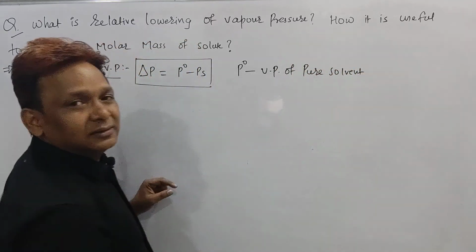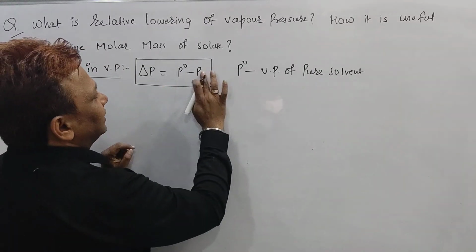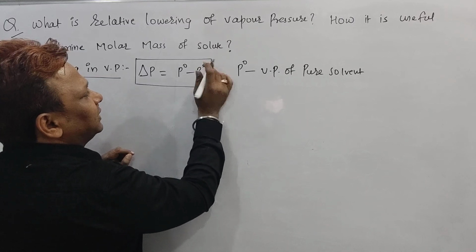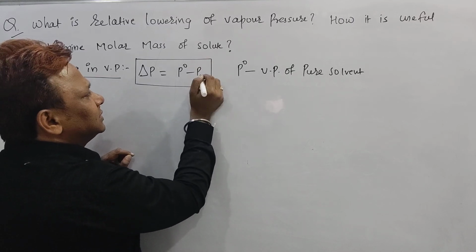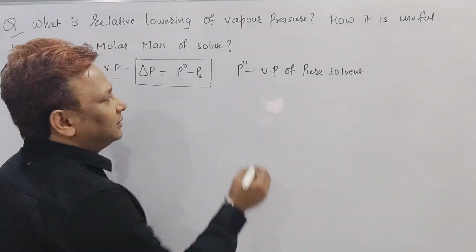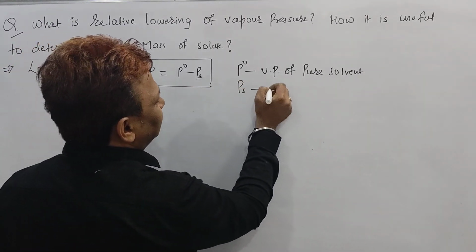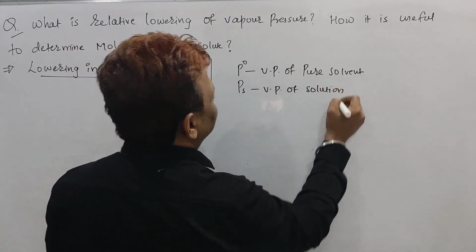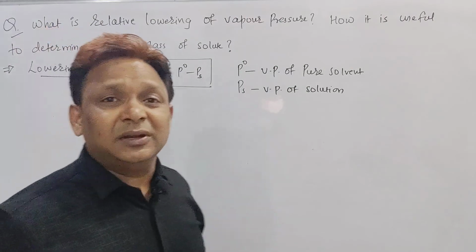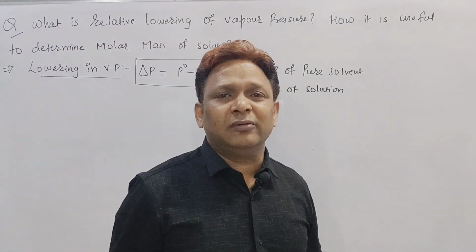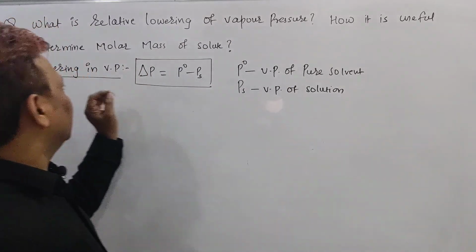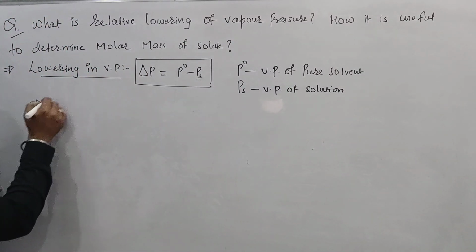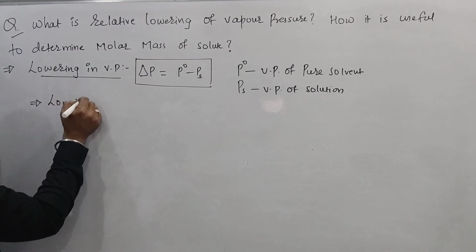Second one: what is Ps? In some books it is written as PS in this way, so no need to bother. I will mention it as PS here, and this PS is called the vapor pressure of solution. So the difference between the vapor pressure of pure solvent and solution is called lowering in vapor pressure.